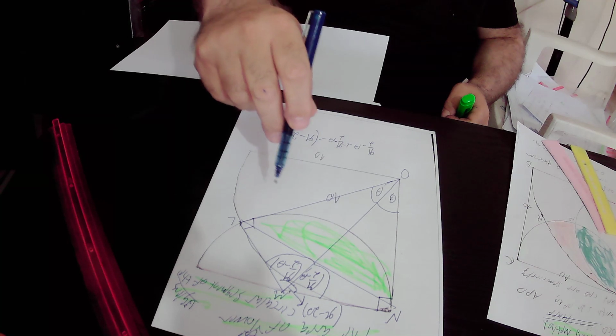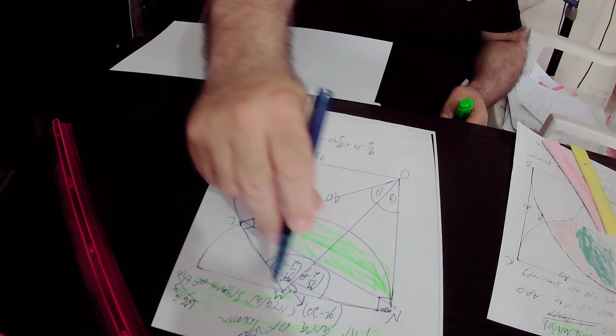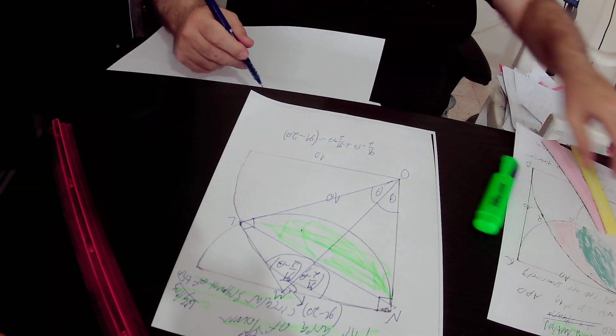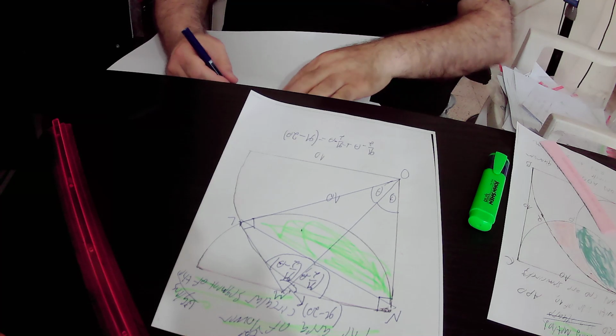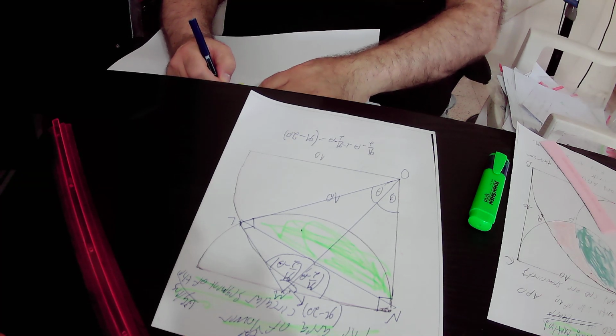Again, the area of circular segment NL equals the area of sector NML minus the area of triangle NML. So write it down. Is equal to the area of sector NML.